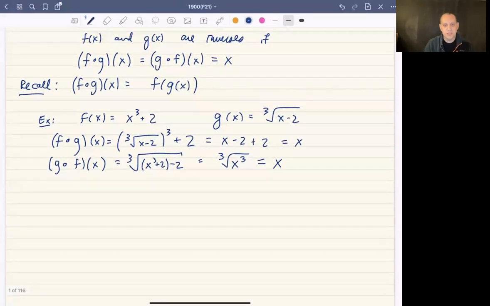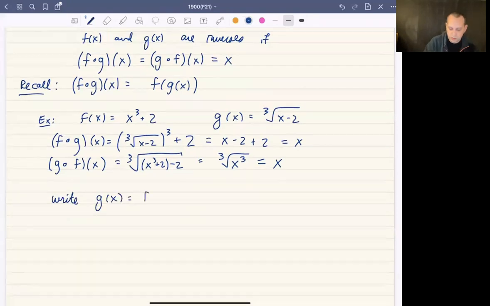Once you've established that two functions are inverses, or whenever we're talking about inverse functions, instead of writing g of x, we'll write f inverse. And this notation is just a notation. It doesn't mean anything more. But this -1 is borrowed language from inverses that you're already more familiar with.